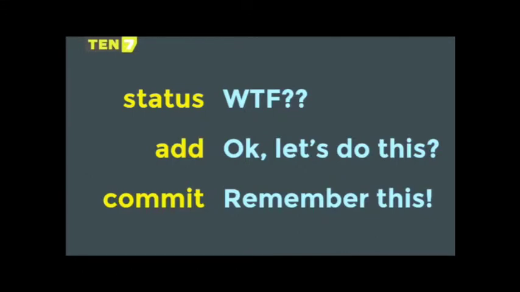And so effectively what you're doing is you're saying, hey, what's different? Oh, these files are different. Let's add the ones I want into this holding pattern. This maybe constitutes a bug fix or a feature change or something like that. And then when you run git commit, it packages those and turns it into a change set and it accounts for them.